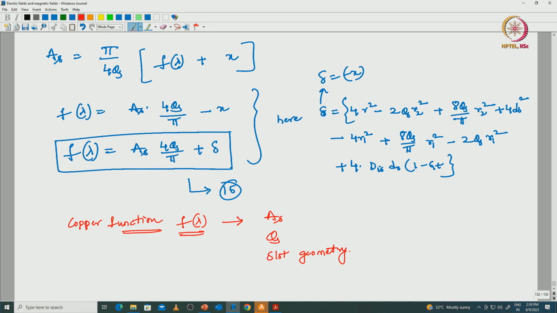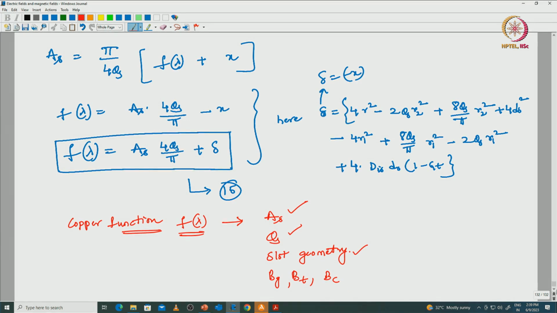Slot area we have considered, and number of slots and slot geometry and bg value, bt value and bc value. We can see here with respect to the stator slot, this is the stator lamination where we have considered the flux densities at the different parts of the core.